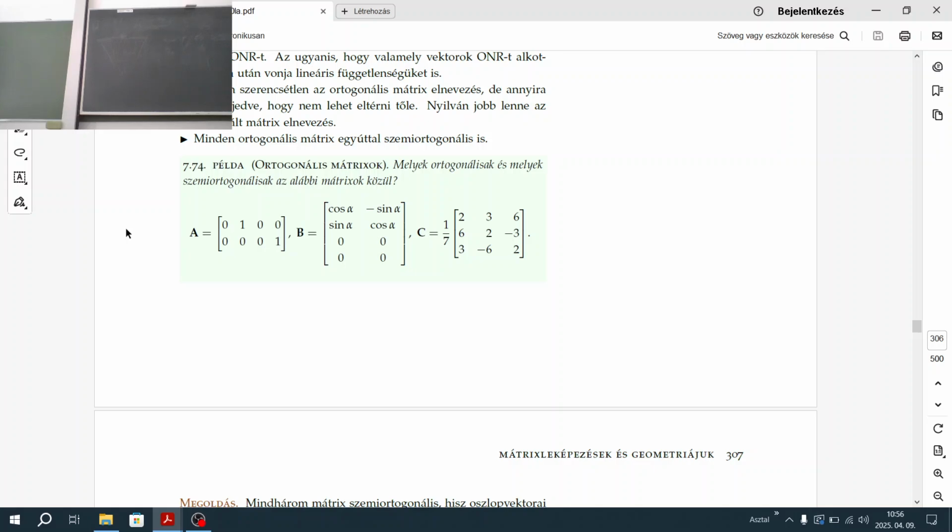This is an example for an orthogonal basis. If you do the multiplication, you always get 0. I mean the scalar multiplication.